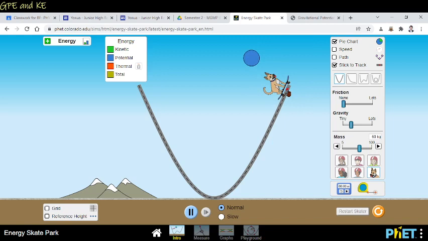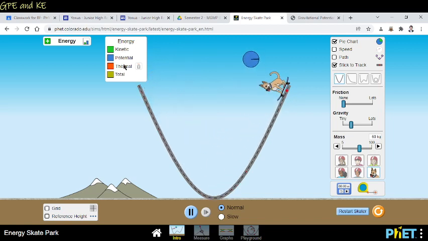It's called potential because potent means something that is not seen yet. We cannot see what the energy does, but it has potential to do something. How to make this potential energy do something is by releasing this dot. When I release this dot, the potential energy is converted into another type of energy, which is kinetic energy.